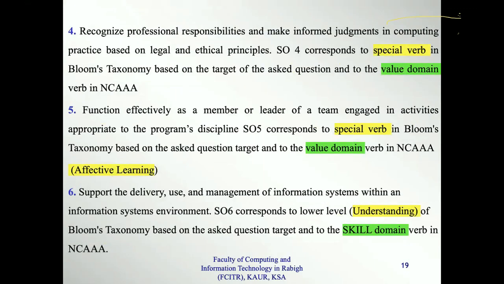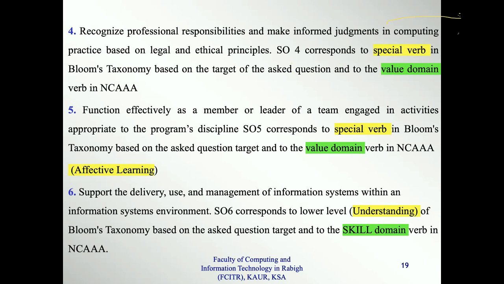Number 4, student learning outcome of ABET: recognize professional responsibilities and make informed judgments in computing practice based on legal and ethical principles. This also corresponds to a special verb in Bloom taxonomy based on the target of the question, and the value domain in NCAAA.